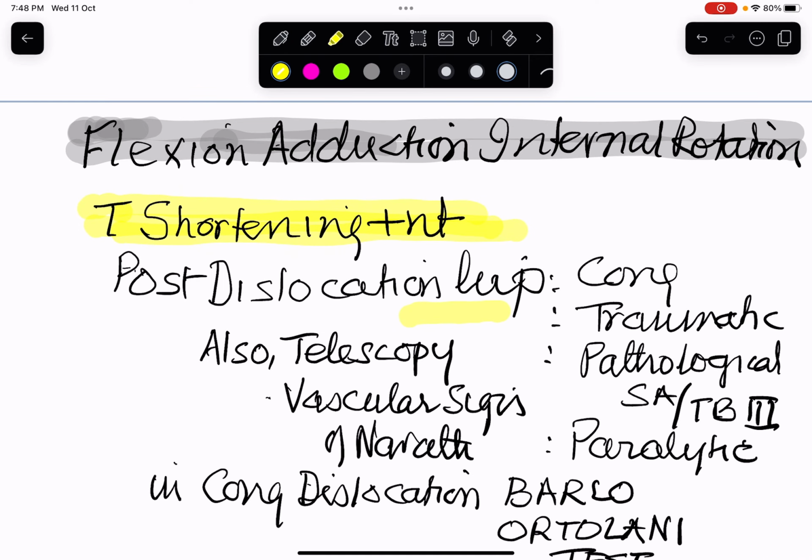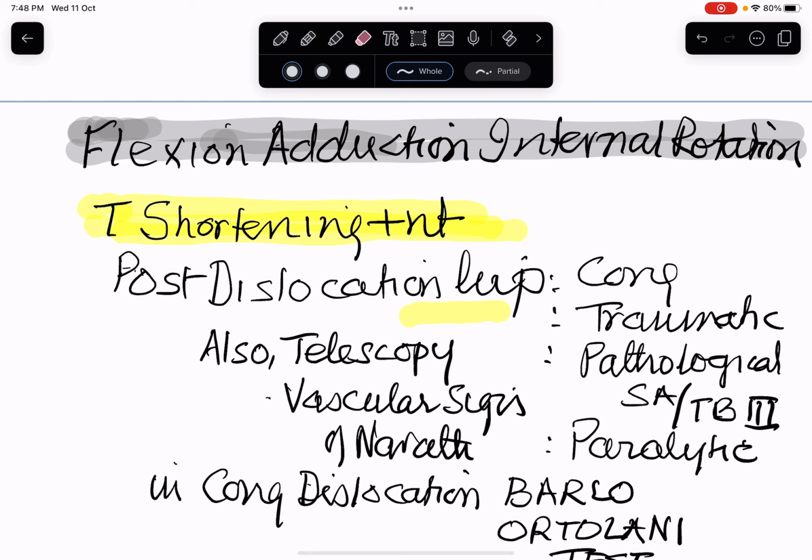Now, this pathological dislocation of the hip can be because of a septic arthritis, because you have put in a needle in the femoral vein, which has destroyed the epiphysis, and therefore there is a post-septic arthritis, posterior dislocation of hip. Secondly, TB stage 3 can also cause a pathological posterior dislocation. Posterior dislocation: congenital, traumatic, pathological, paralytic.